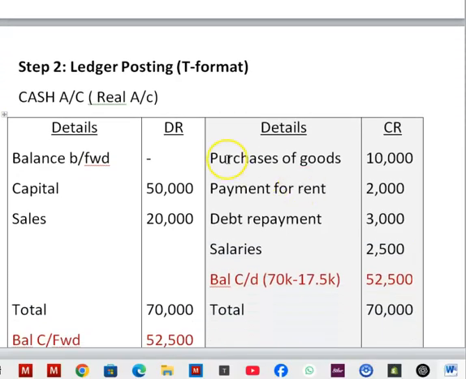We now post to the ledger. We have tried to take the T format here to simplify the understanding of the ledger. This is the T format of the ledger. It can be done in a vertical form, whereby everything on the debit is a plus and everything on the credit will be a minus.